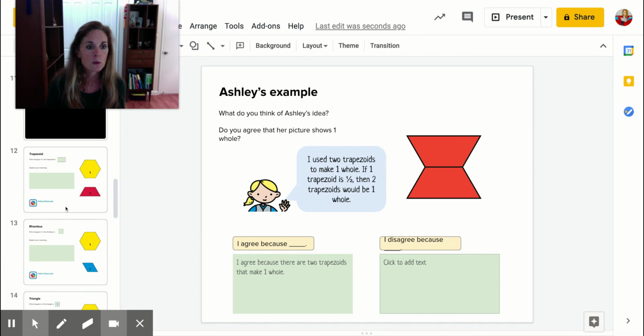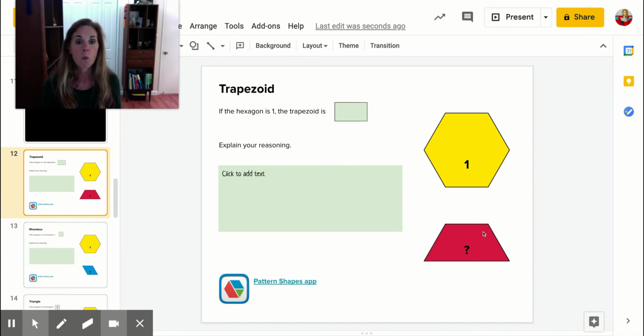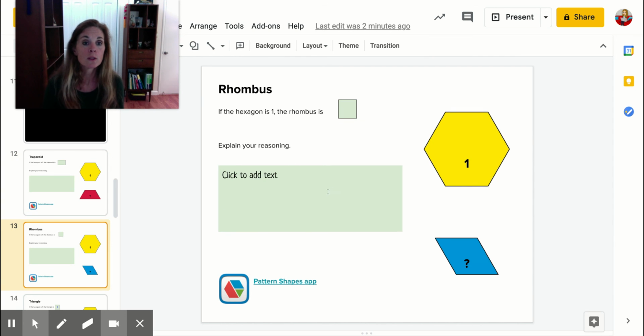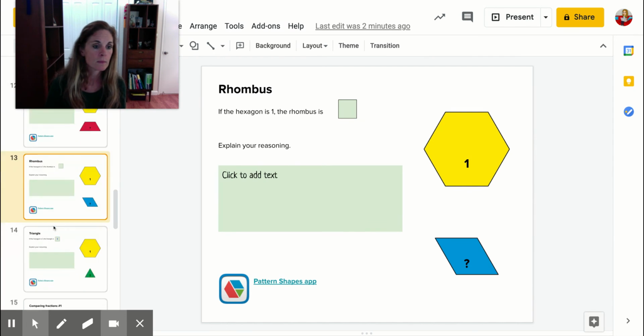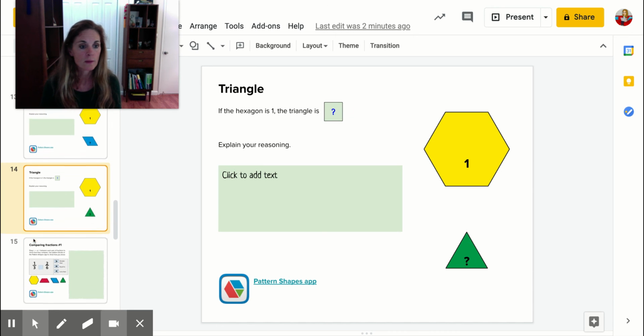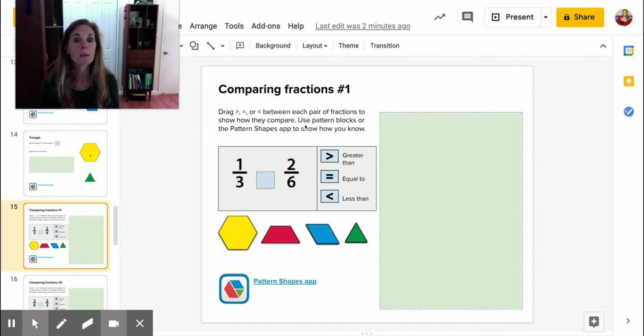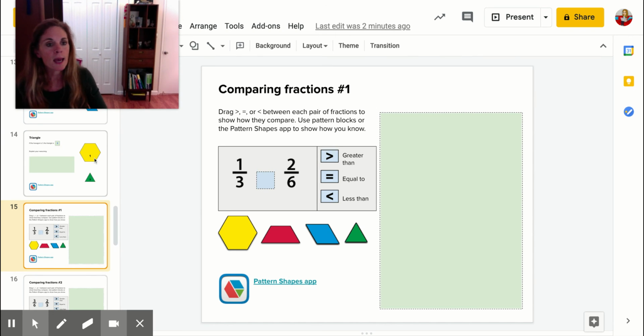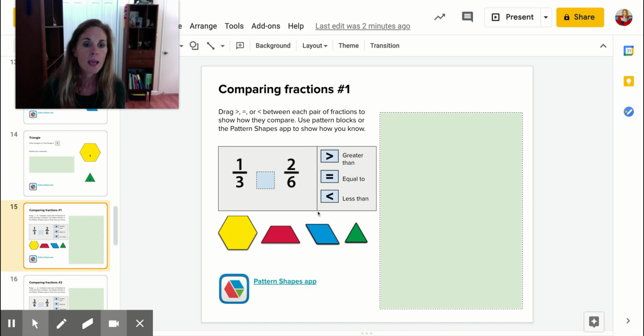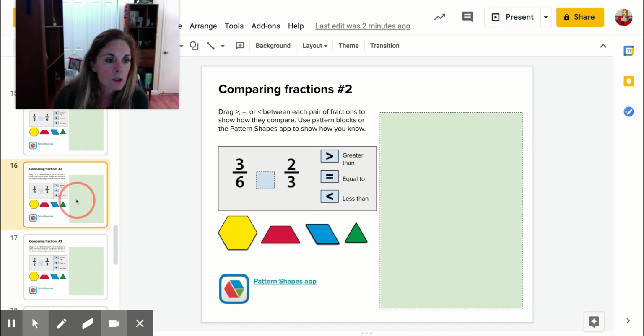So you're going to use words to explain why you think that this is whatever part of a fraction that is. You're going to do the same thing with the rhombus, the triangle, and then you're going to compare fractions. So first you're going to figure out how many triangles go inside of a hexagon, and then you're going to figure out how to compare 1/3 to 2/6.